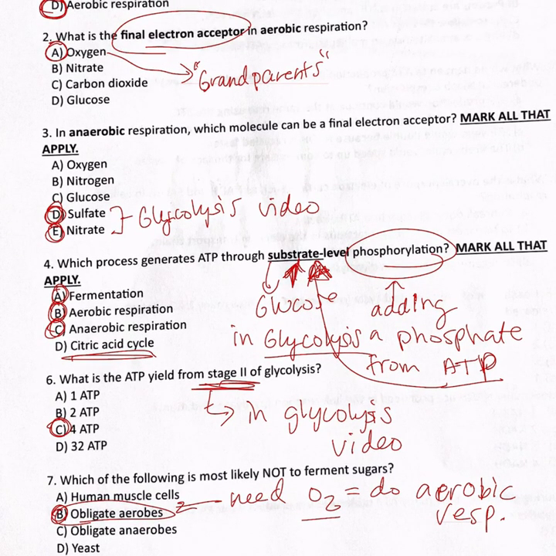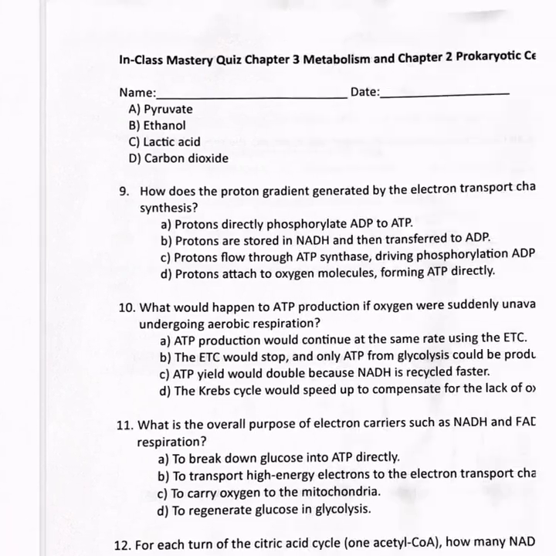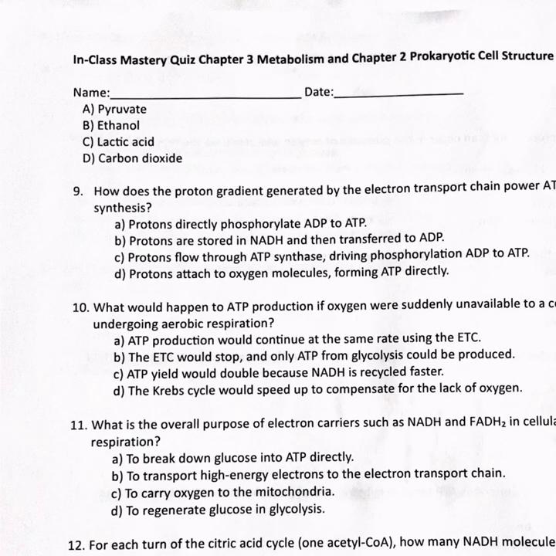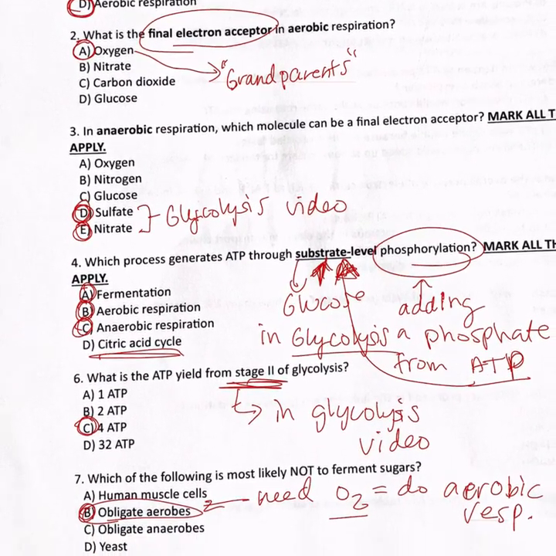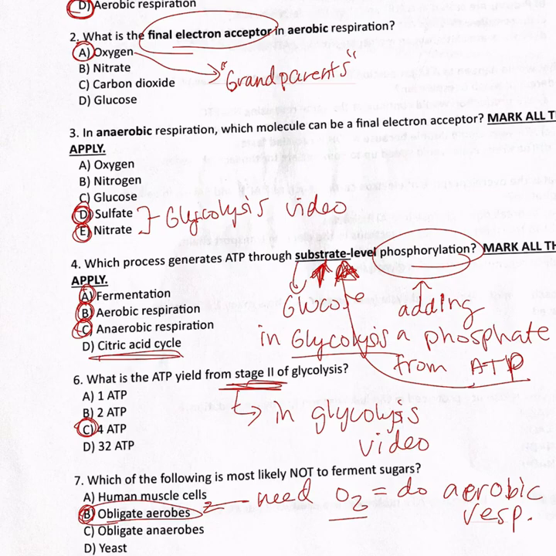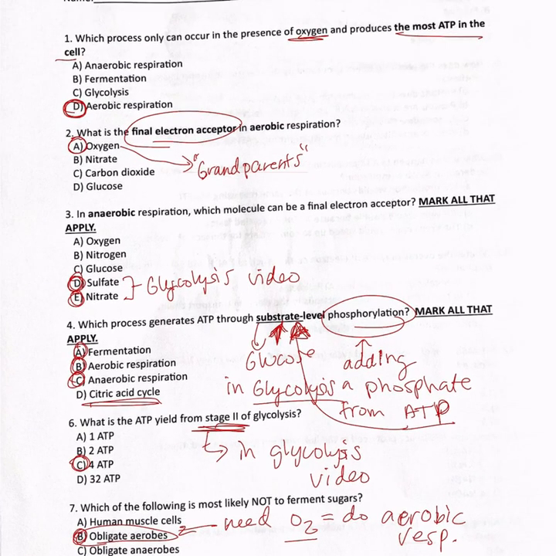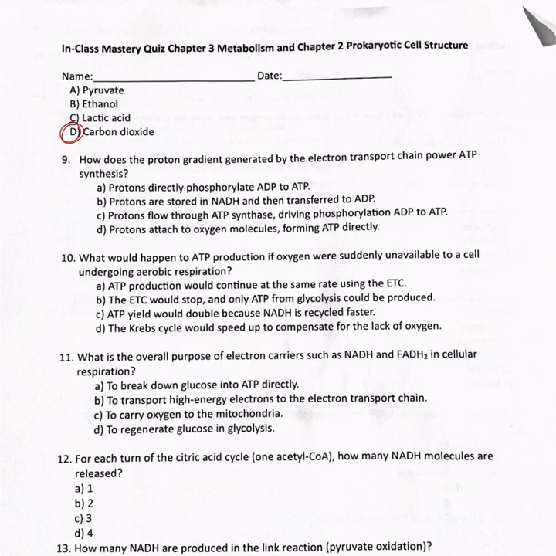All right, number 8. Which of the following is not a product of glycolysis in microbial cells? Well, it would be carbon dioxide. Oh, I guess multiple things. Sorry about that.